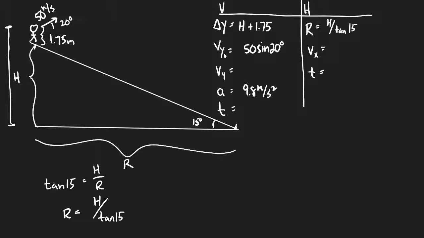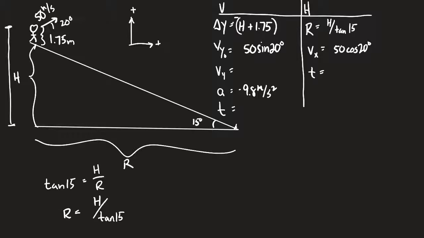And Vx is going to be 50 cosine 20 degrees. All right. Now, yeah, I should establish direction now. When I do that, all of this has got to be considered negative, and this has to be negative. Everything else will be positive.